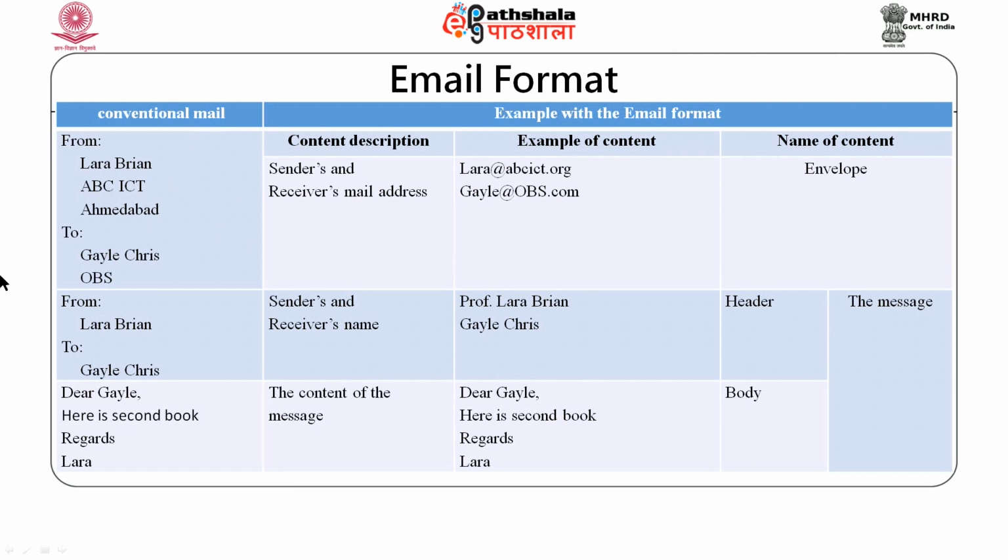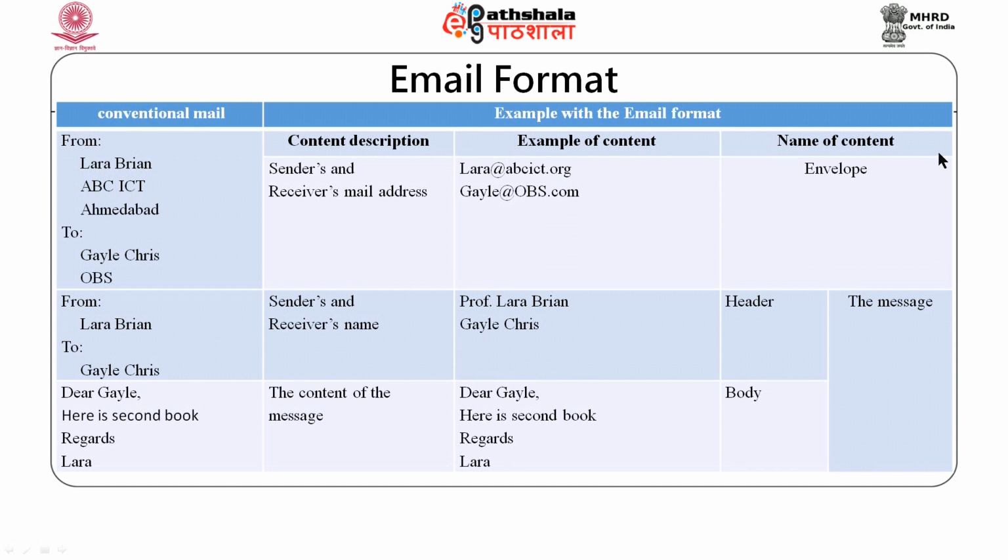The email format is quite analogous to the conventional way. Just assume that here is a letter, an email from this person who works at ABC ICT, to this person who is working at OBS. Here is the letter, this is called the envelope, these are the from and to names, and here is the content.